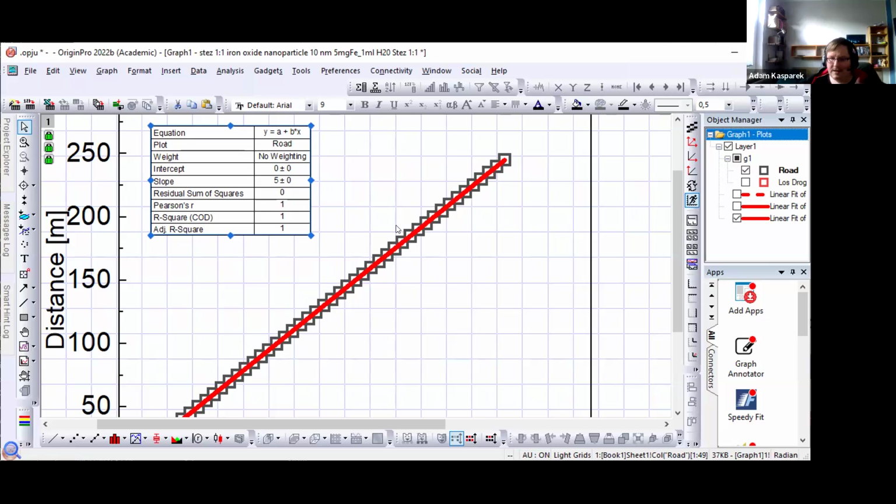But sometimes, for example, when we fit magnetization in NMR, the R square can be 0.999, and it's not good.